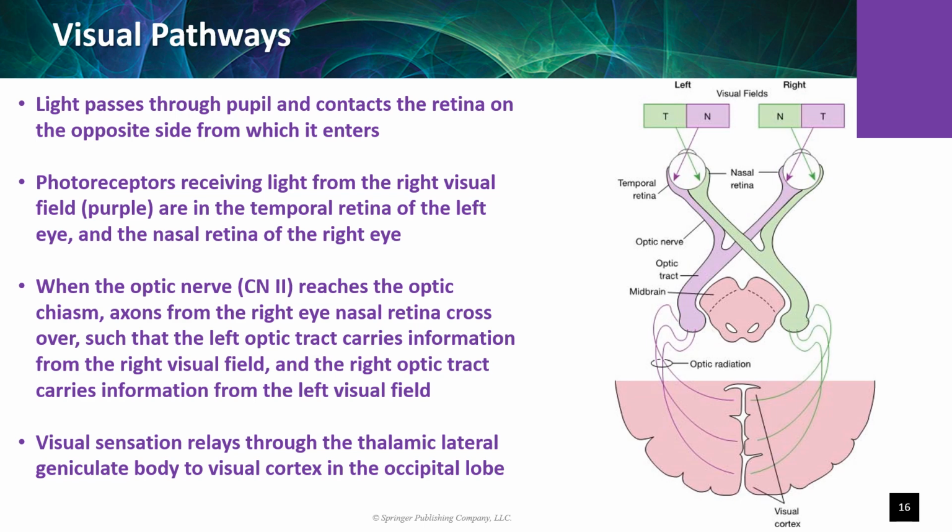The left portion of the visual field projects to the nasal retina of the left eye and the temporal retina of the right eye, while the right portion of the visual field projects to the temporal retina of the left eye and the nasal retina of the right eye.